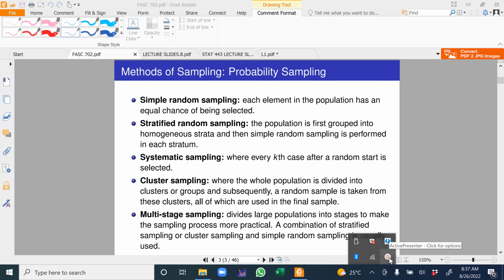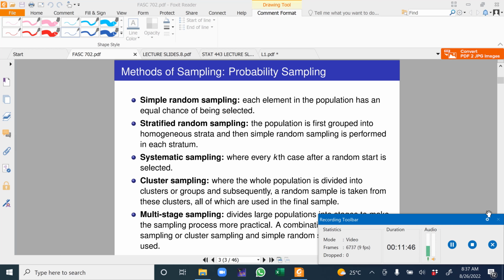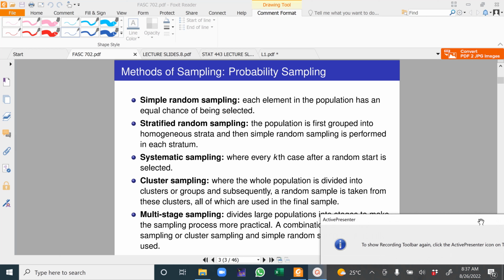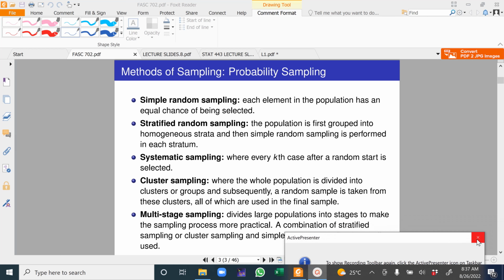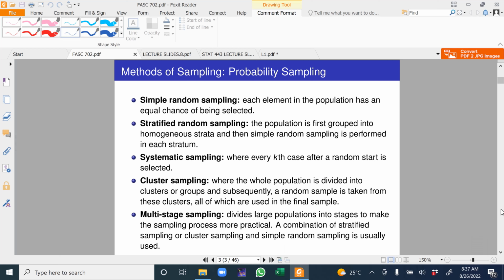Otherwise, without your objectives, you are bound to experience some form of difficulty. So it's very important that before you begin your survey, you clearly define your objectives, because it is these objectives that are going to help you identify your target population.